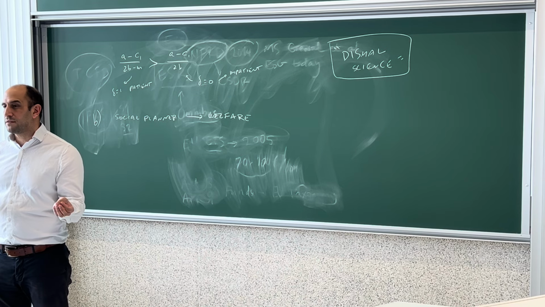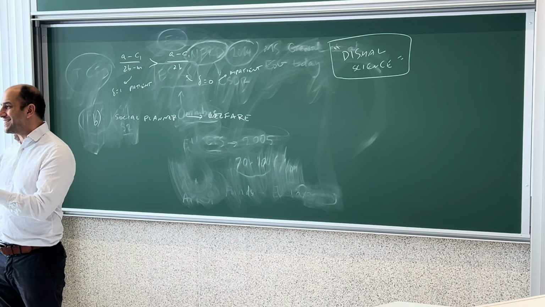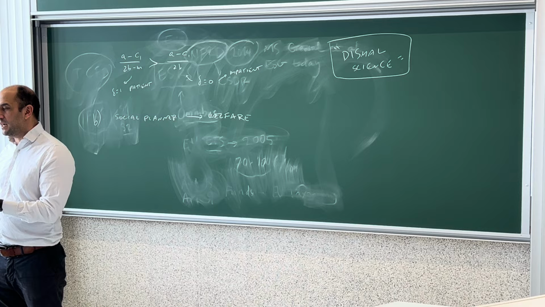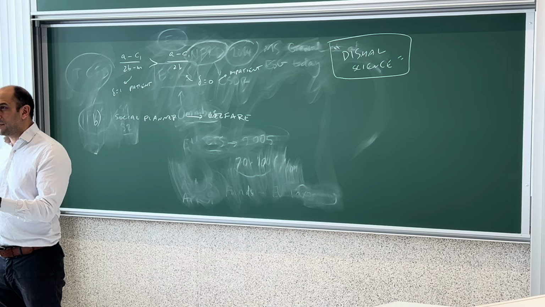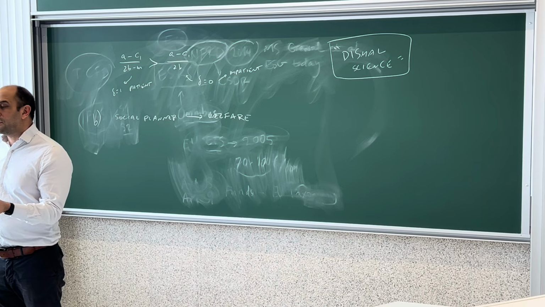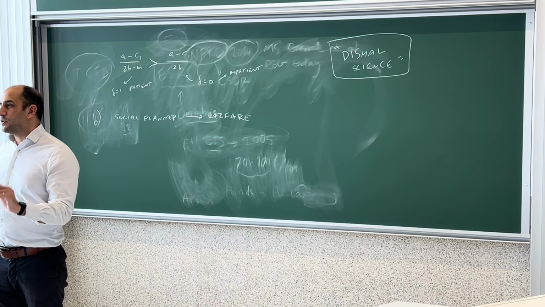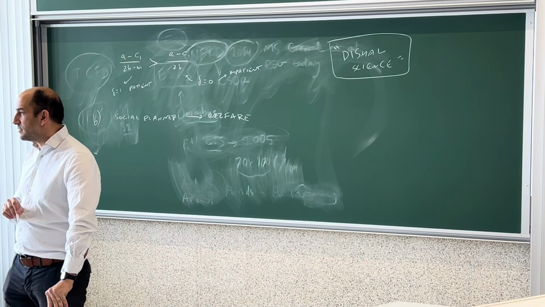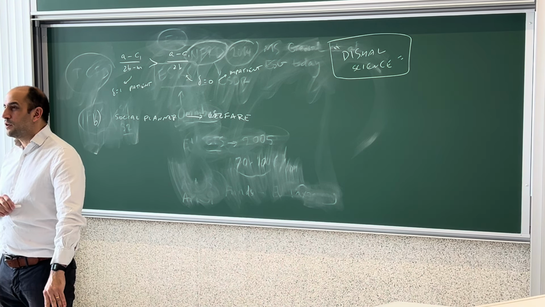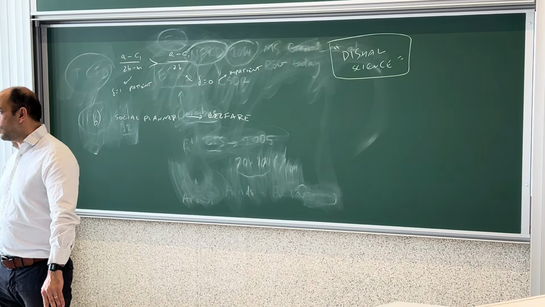If you do that, you may have to impose, for example, very high taxes. And if you impose very high taxes on the people of your country, then a lot of people are not going to like it. You either impose those taxes on the middle class, like in Europe, or you impose those taxes on the rich, like in the US.